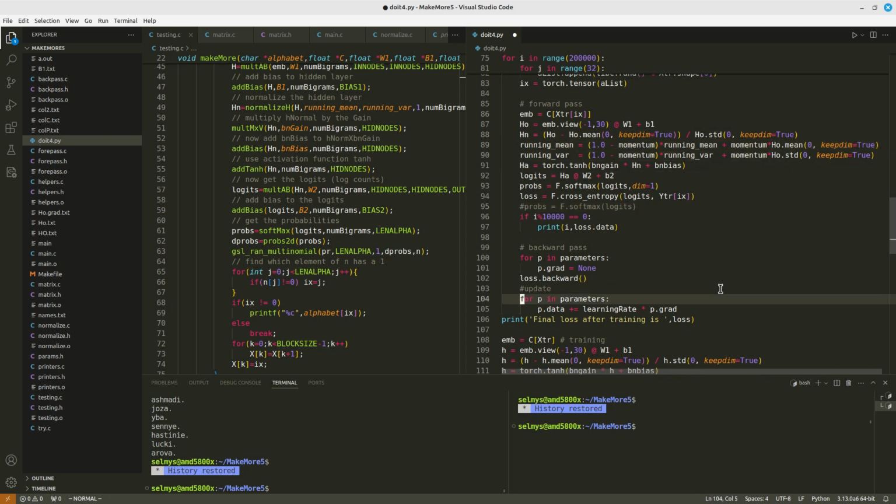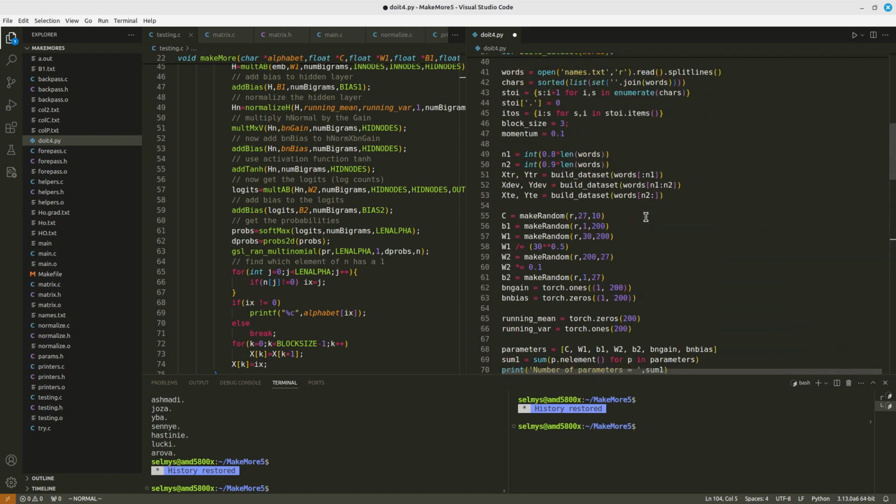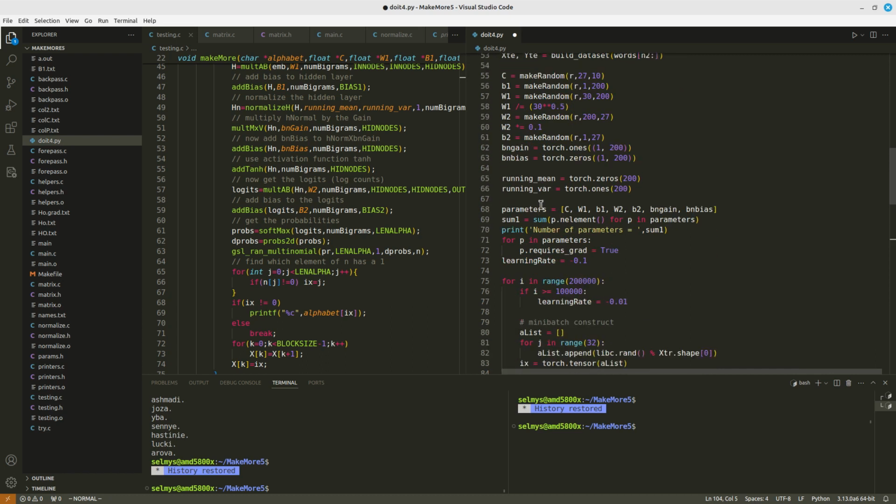Okay. So we go through this loop, and you see the backward loss just does everything automatically for us. And then for our parameters, how many parameters do we have now? Right here we have 1, 2, 3, 4, 5, 6, 7.